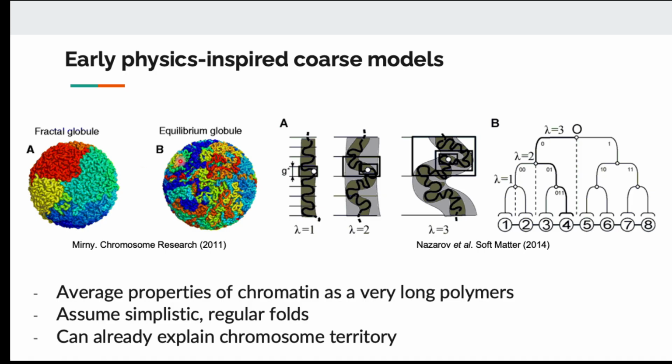We already know from our earlier discussion that if the DNA folds randomly, then you will get a lot of entanglement like this, and you will never get cell division in time because you need to unwind all the DNA from each other. So early on, people from physics already had some simple models that say that maybe the DNA has a fractal structure.